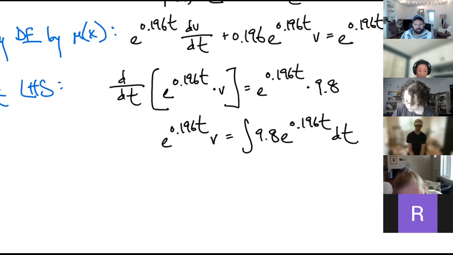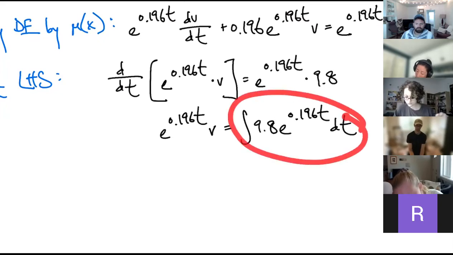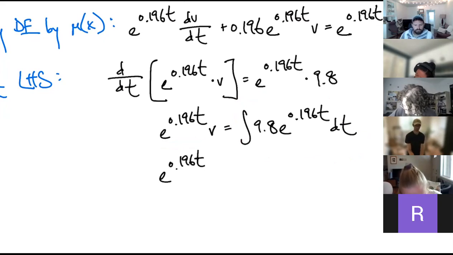All right, believe it or not, we are 1.5 steps away from solving this equation. We need to integrate this side, and then we're going to divide by that mu. When we integrate, we're going to get 9.8 e to the 0.196t.